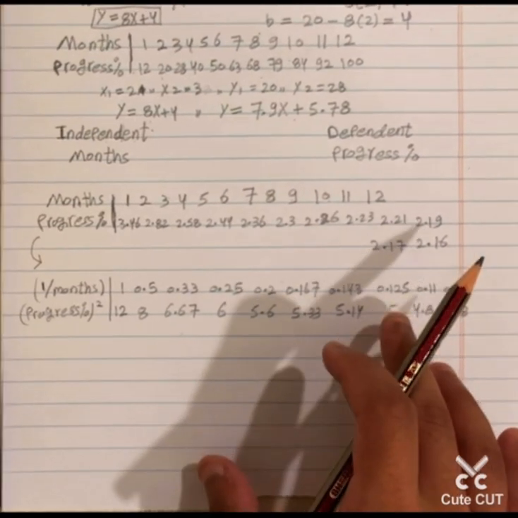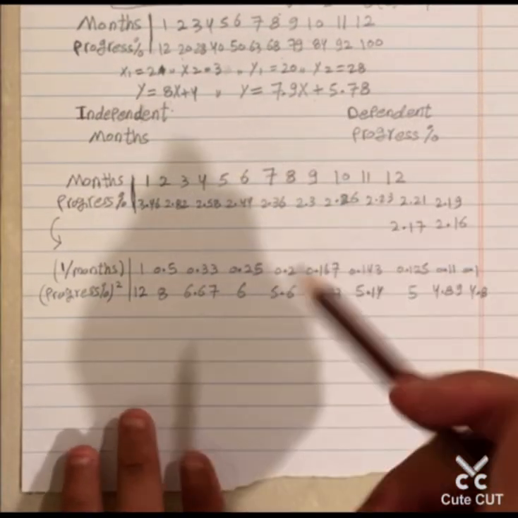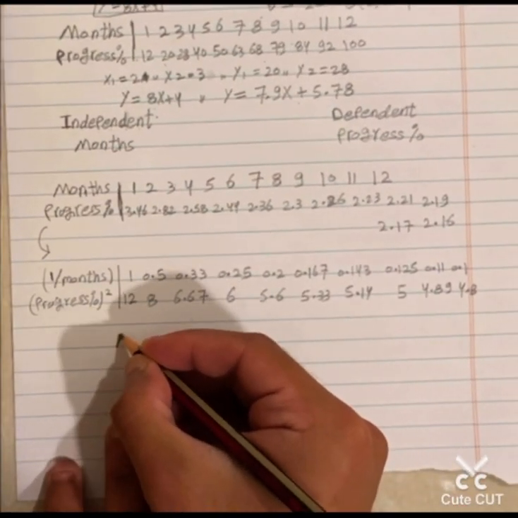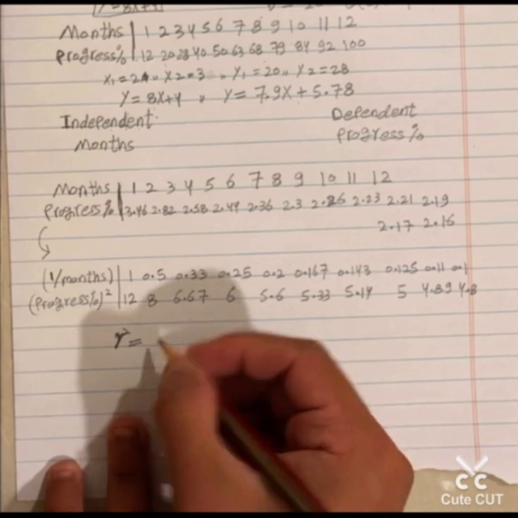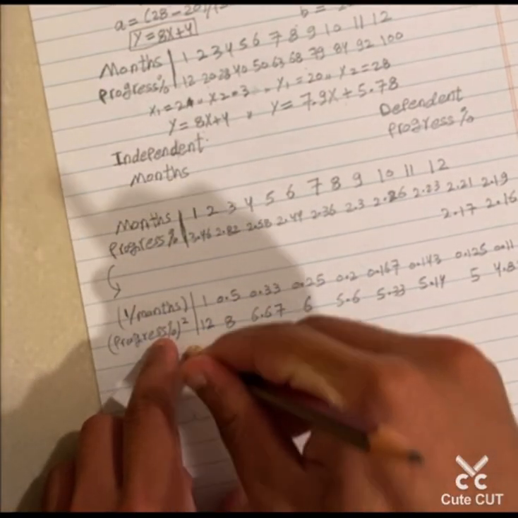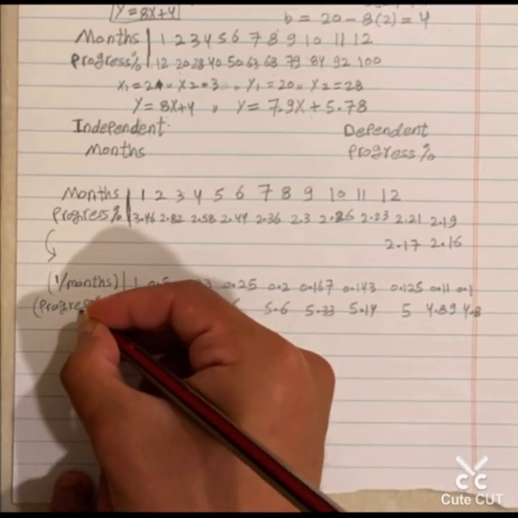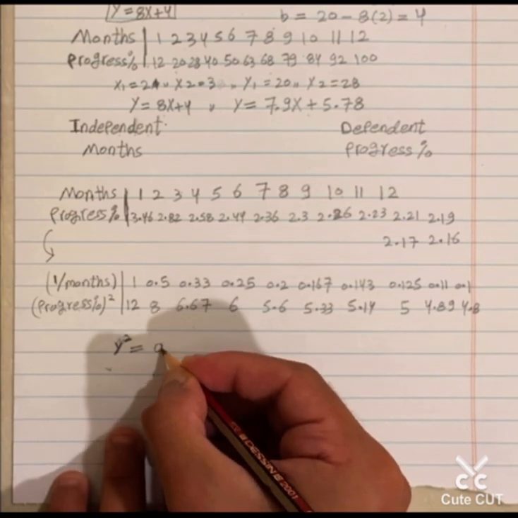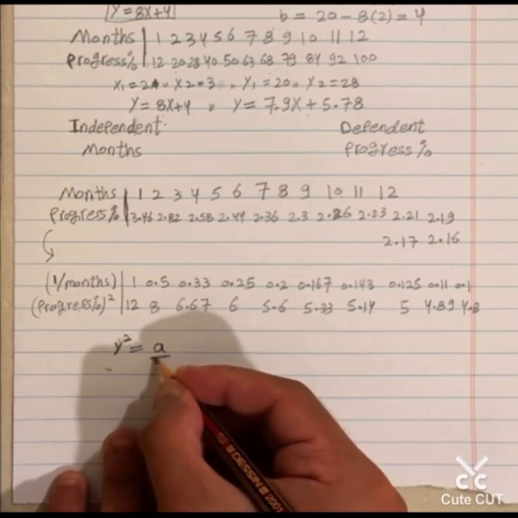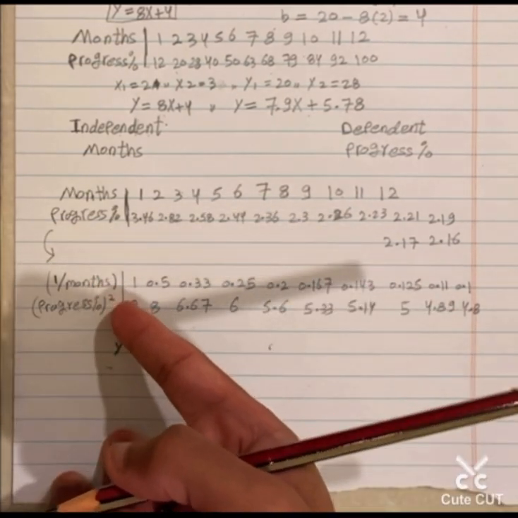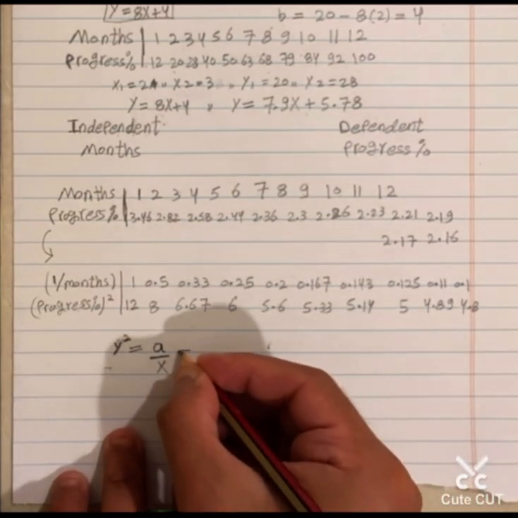So the equation now will not be in the form of y equals ax plus b. It will be y squared equal to a over x plus b, because the data is 1 over x, so it has to be a multiplied by 1 over x, plus b.